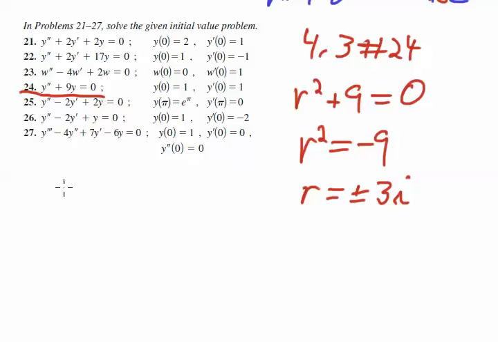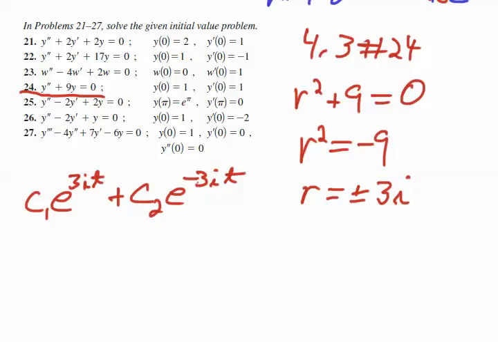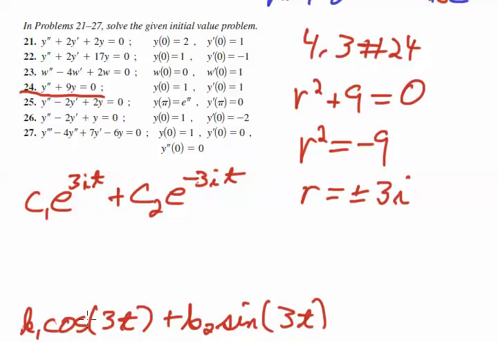The solutions are going to be of the form c1 e to the 3it plus c2 e to the -3it, but that can be transformed into another set of constants of k1 cosine 3t plus k2 sine 3t.